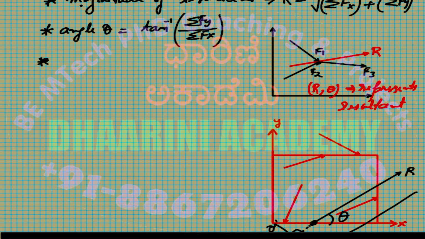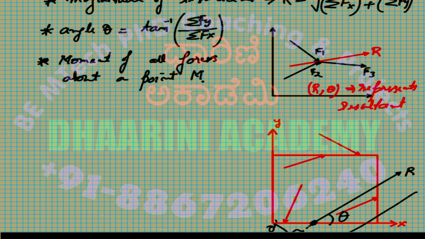So next, you calculate R, you calculate theta, and in the next step, you calculate the moment of all the forces about a point. This is just a moment. You calculate M about a point A, let's say. So the sum of moments is what we require, so I want the sum of moments.